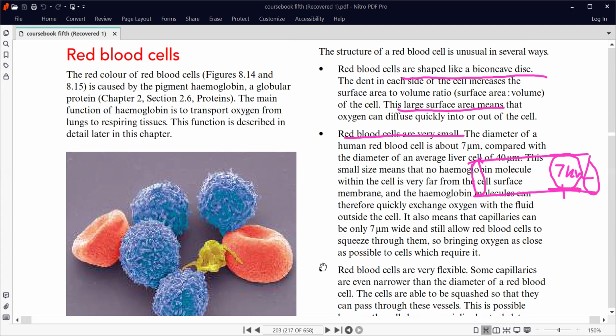As RBC is a highly flexible cell, it can easily pass through, squeezing itself. When it passes through the capillaries, the distance for diffusion is reduced because both layers are just touching each other.